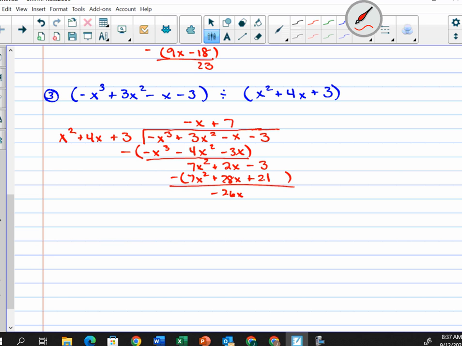That minus 26x minus 24, that whole thing is your remainder, guys. Be careful, write plus every time and then write your remainder. Don't write minus and then this big fraction because you're going to mess up your signs if you do that. So always do plus and then the remainder.